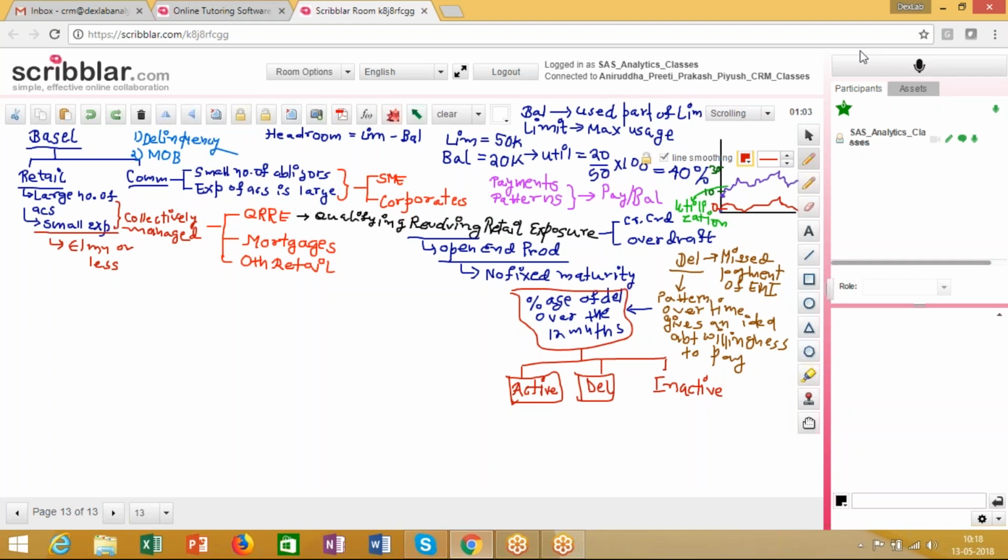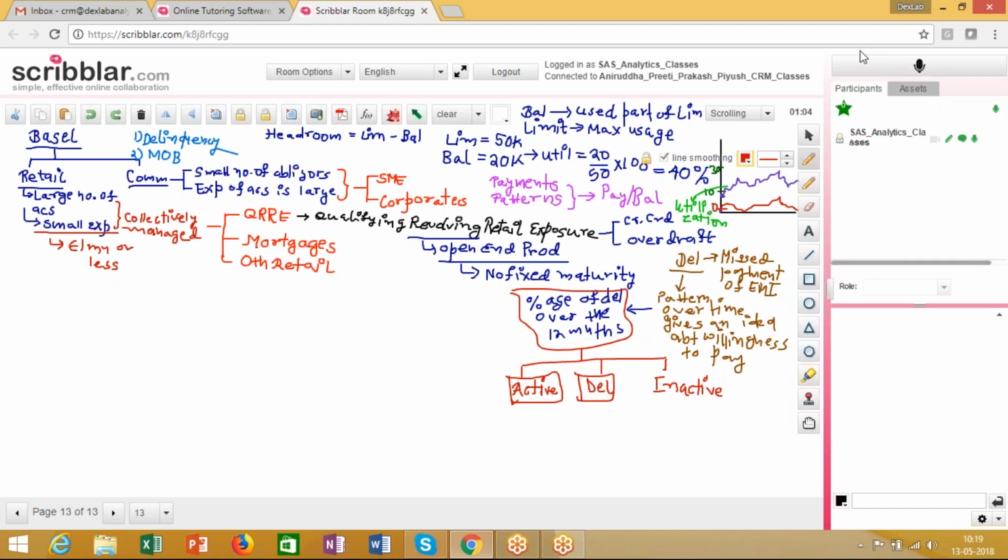One very important role that month on books has to play over here is that it talks about the seasoning of accounts. Month on books help identify seasoned accounts versus unseasoned accounts.